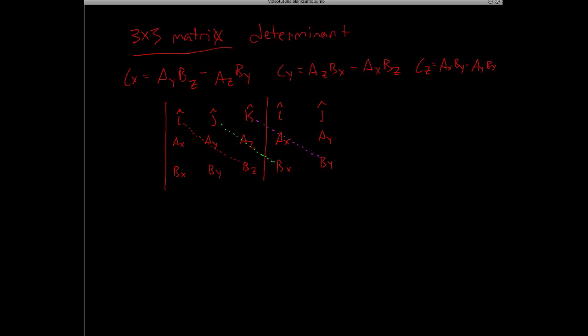So we get Ay, Bz, i hat, plus, we're going to add these together, and then we're going to add the green diagonal. So we've got Az, Bx, j hat, and then we're going to add our third diagonal. So plus, we've got Ax, By, k hat.